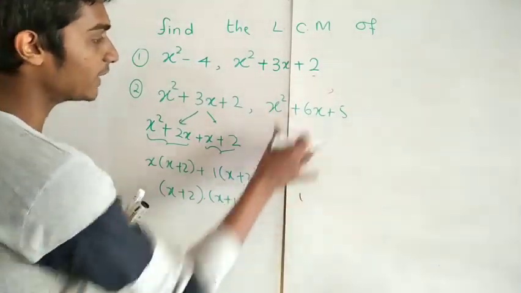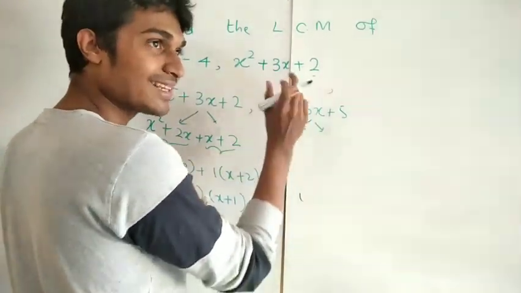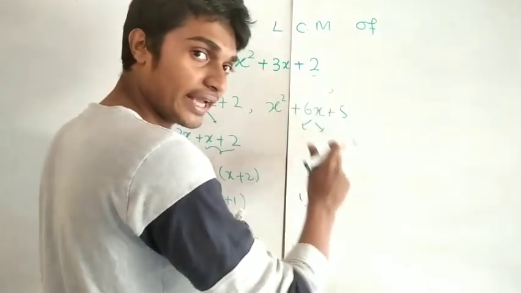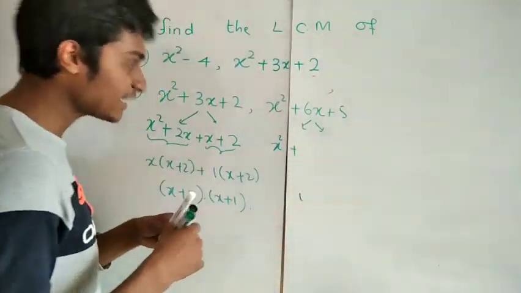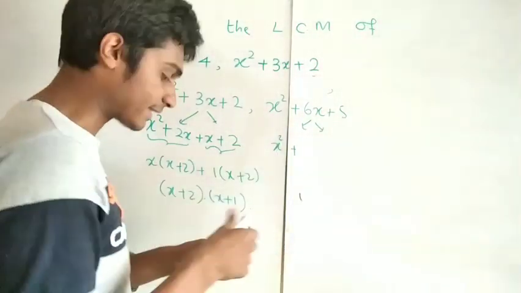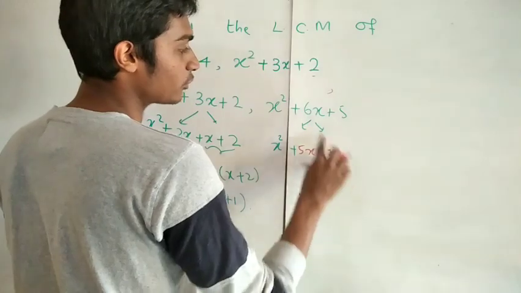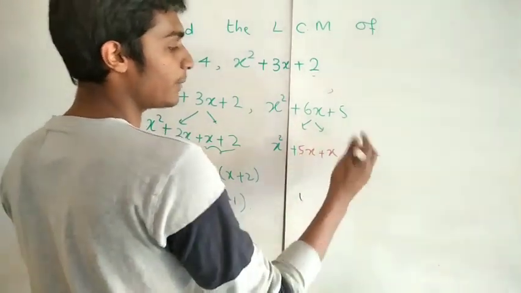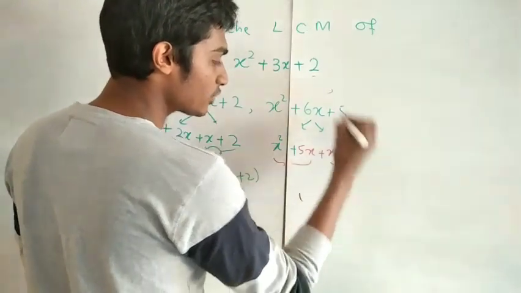1, right? Now the second expression should be broken into 2 such that when you add them it should make 6x, and when you multiply the coefficient of the x term it should be 5. So x squared plus, the best terms are going to be 5x plus x. Look at this, 5x plus x is going to be 6x, and 5 into 1 is going to be plus 5, right? Now take these two together and these two together separately.